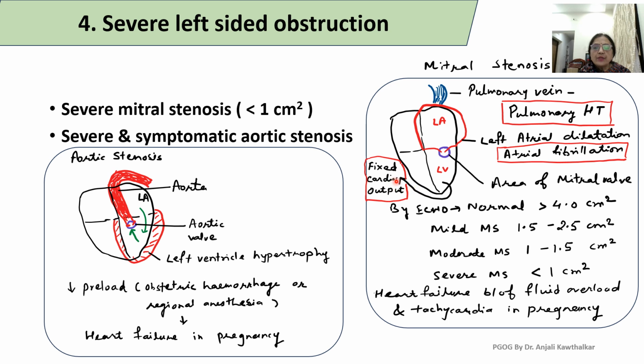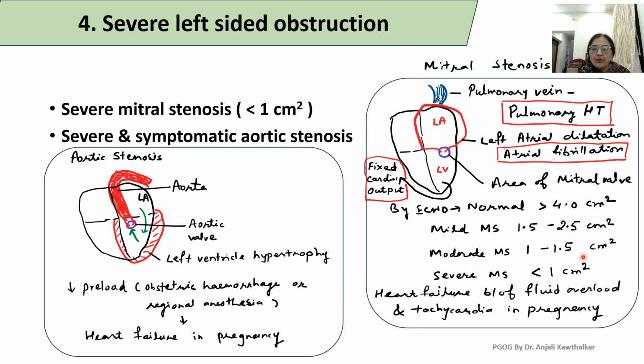It also leads to a fixed cardiac output because less blood is entering from the left atrium to the left ventricle. By echocardiography, we measure the area of the mitral valve, and normally it is greater than 4 square centimeters. Mild mitral stenosis is when it is between 1.5 to 2.5 square centimeters.